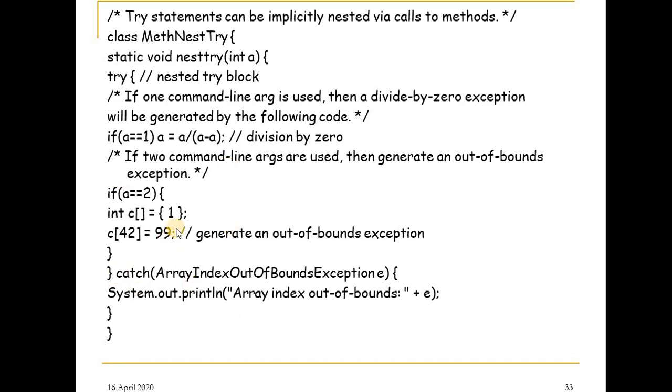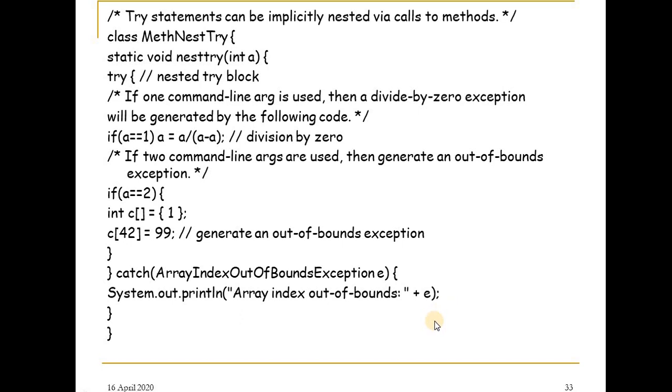So as soon as an exception occurs, immediately the control will be transferred to the catch block. Since this catch block can handle array index out of bound exception, it is taken care of here. It will display suitable error messages, array index out of bound, and it will display the value of E.